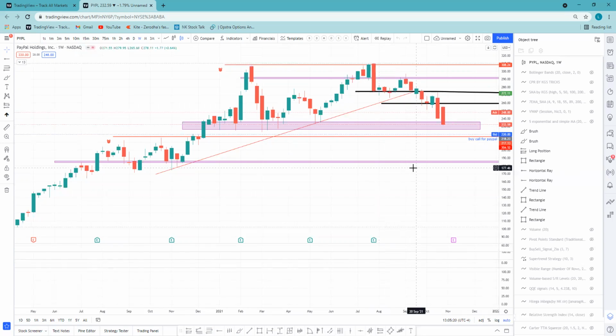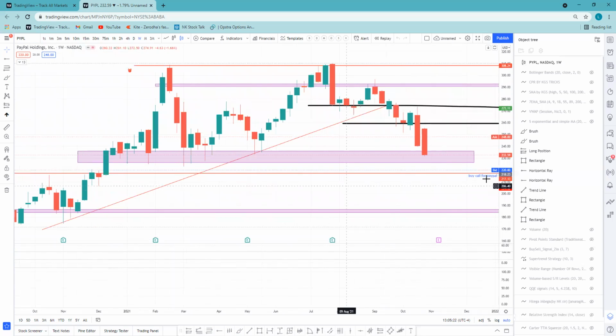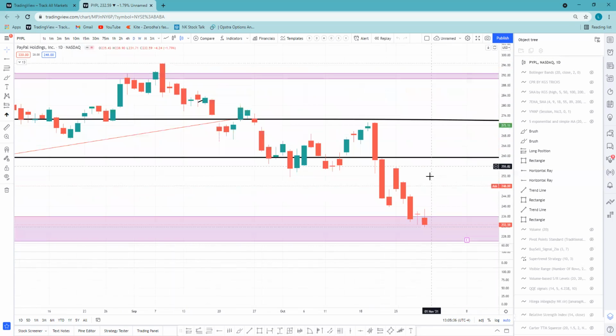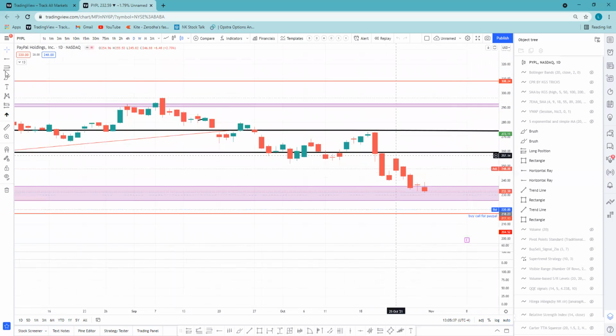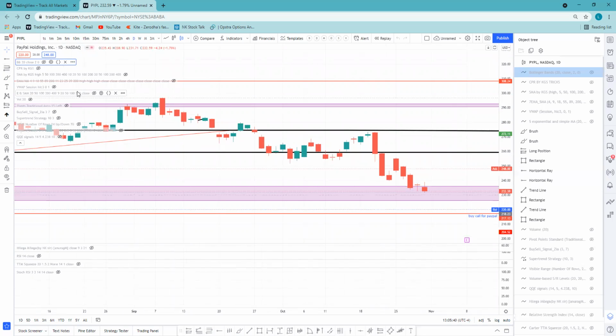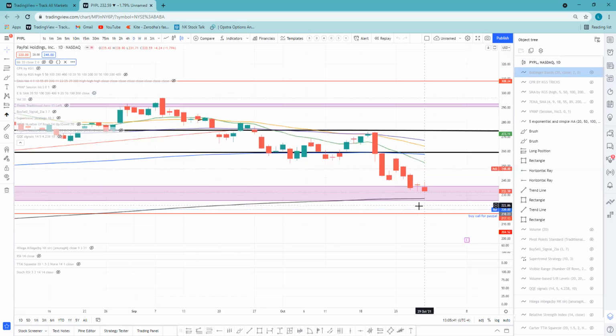Let's see here. If you see here, I have my alert here. Buy call for PayPal. And this is actually a good area. This area is a very good area, and that's why I marked it. So if the price reacts here, this is still weak. Look at those EMAs. Price is weak.